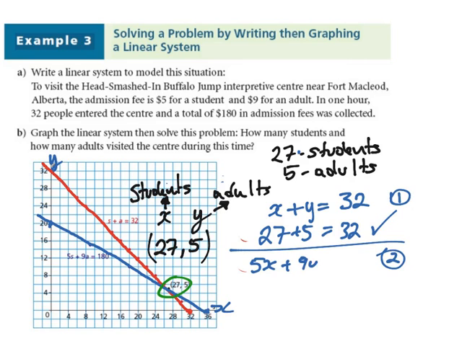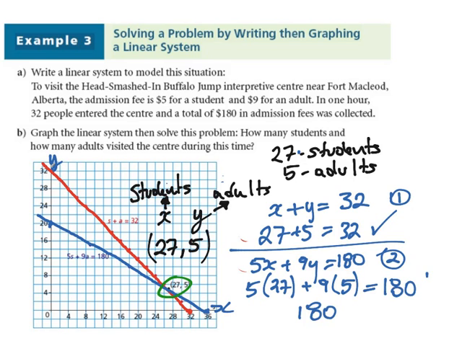Let's plug in those values to see if we get 180. 5 times 27 plus 9 times 5. Will that give us 180? And yes, it does. So both of the equations are verified. That means 27 students and 5 adults entered the center.